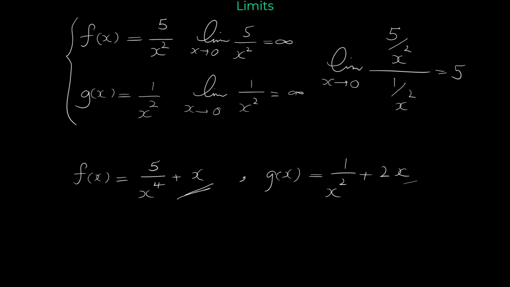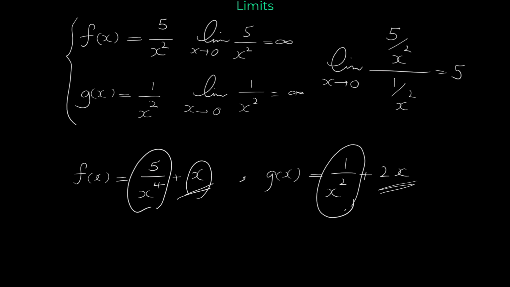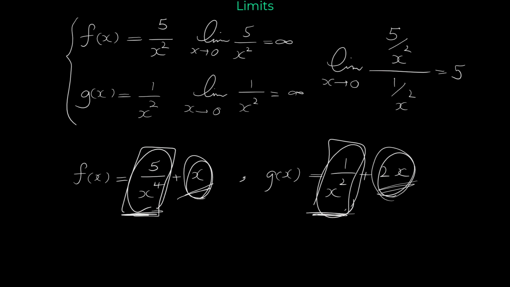Simply I can add these x's here and here, because when x approaches 0, these terms here and here go to infinity, and x and 2x go to 0, they approach 0. So the significant terms when x approaches 0 in f and g are these two terms, and these extra terms here and here don't affect the limit of f and g when x approaches 0.